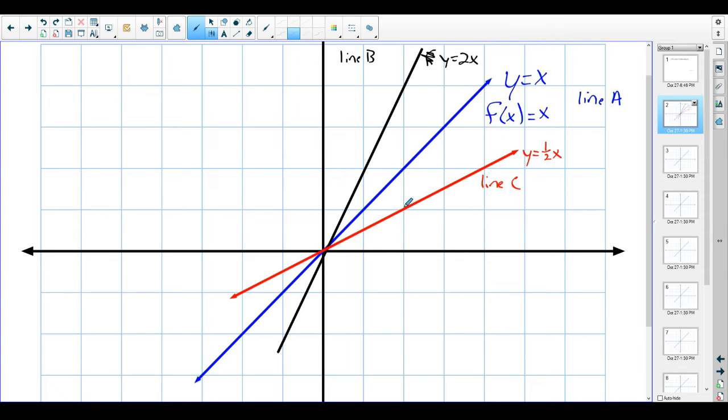And so we'd say, since this has less of a slope than our original, and in case you're like, wait, this first one didn't have a slope. Of course it does. If there's no number in front of x, remember the slope is 1, and 1/2 is less than 1, so we say that line C is less steep.